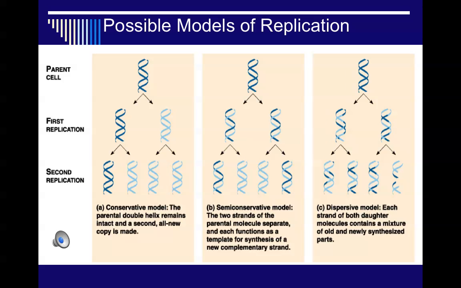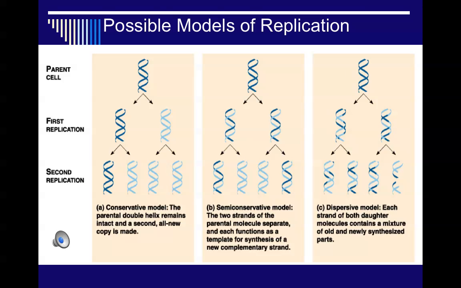And then the third possible model that was proposed was dispersive. In the dispersive model, each strand of both daughter molecules contains a mixture of half old and half new. Now, this model really never did make any sense to me. It was difficult to propose a mechanism or a way that these bits and pieces would somehow get bonded together and still have fairly true fidelity of copying.